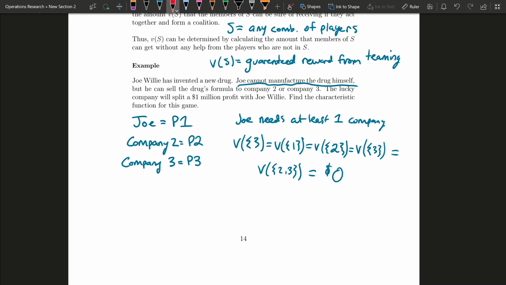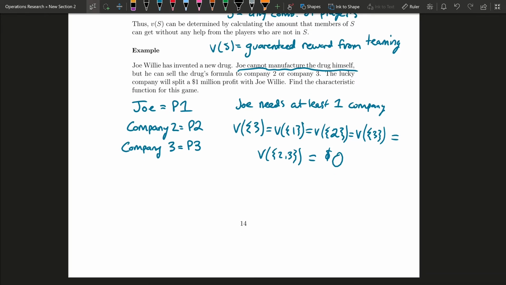And I'll switch colors. Now, there is a potential for a coalition to earn that $1 million profit we talked about. So this is going to be Joe with at least one company. And here we're looking at the set v of {1, 2}, which could be Joe working with company 2.